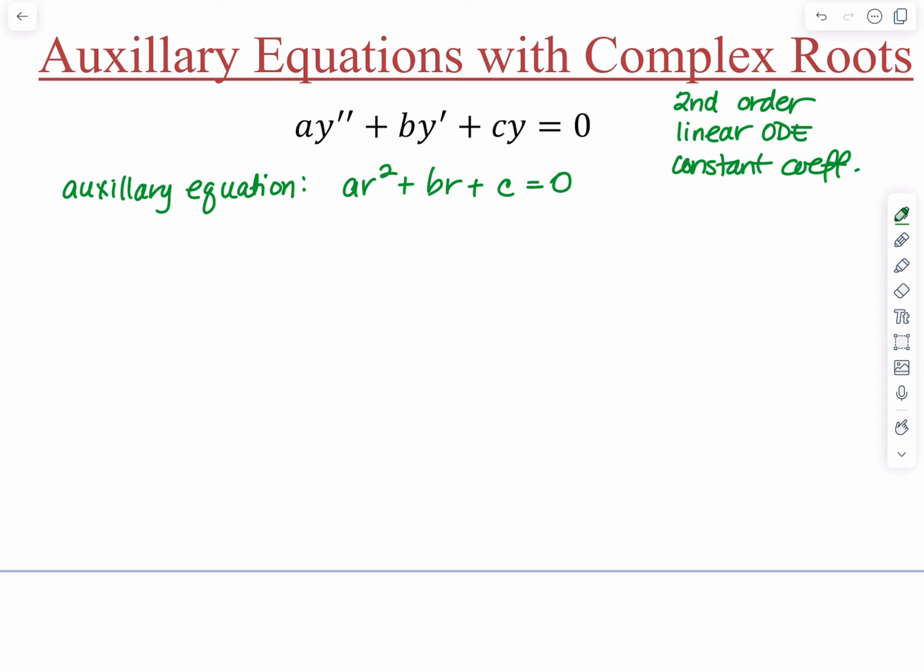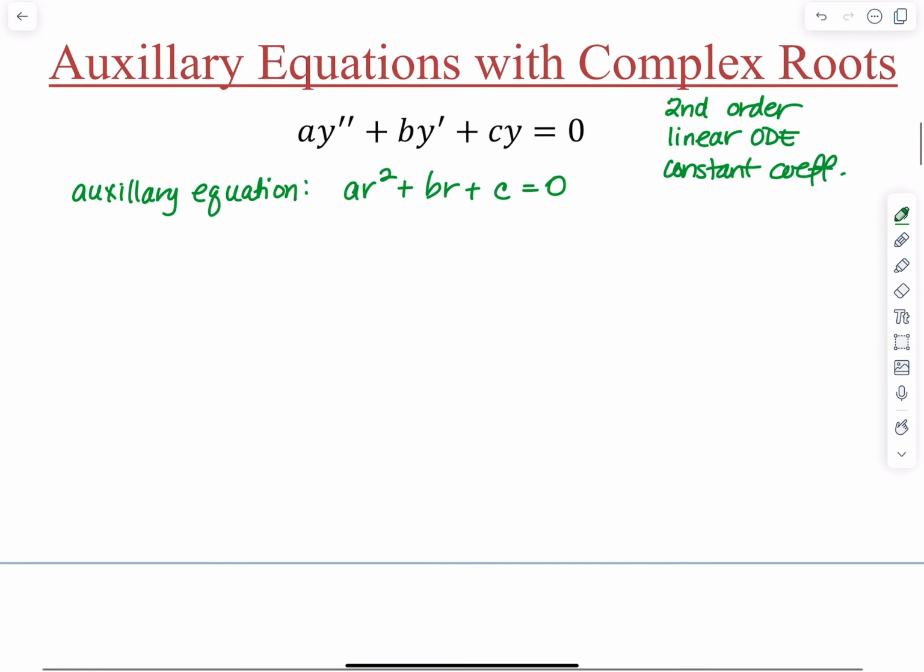And when we looked at the solutions of that auxiliary equation, we came up with either two distinct roots, which were real, or one repeated root, which was also real. How did we do that? Well, there are three cases, and we've talked about two for our solutions.